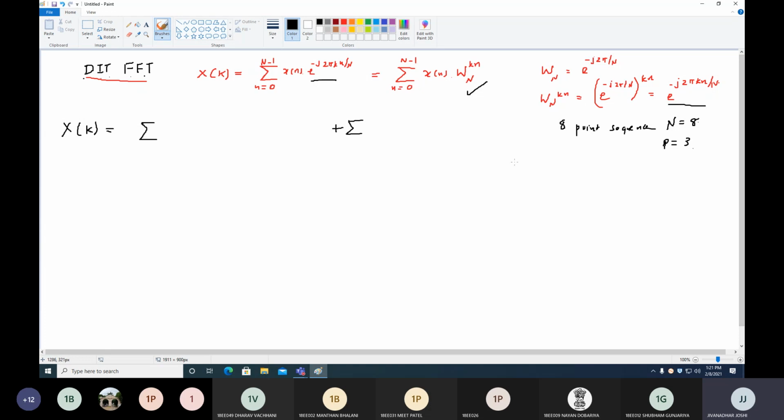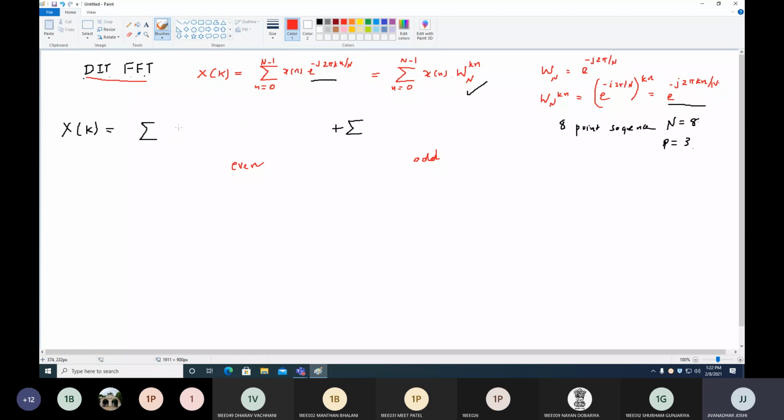Okay. So now I want to decimate the sequence into even part and odd part. Let me write down even here and odd here. Later on I will rub it because this doesn't look good, right?